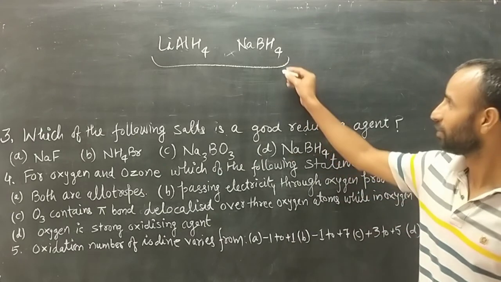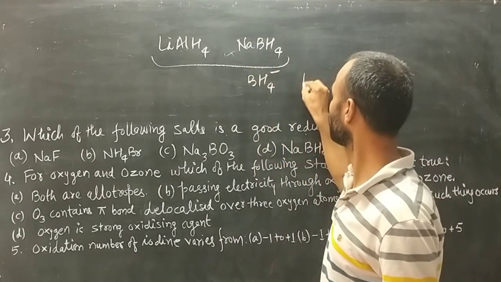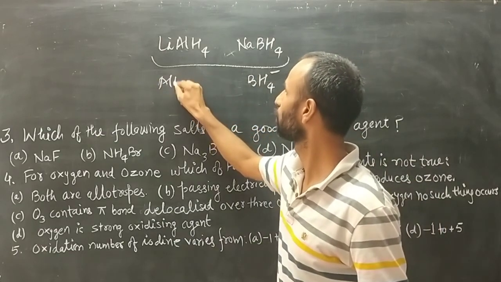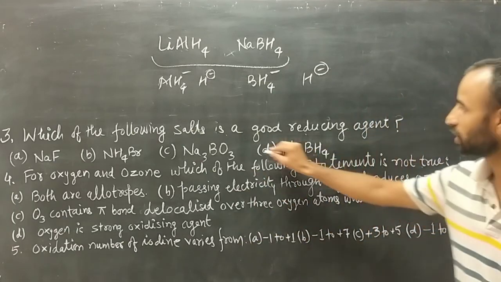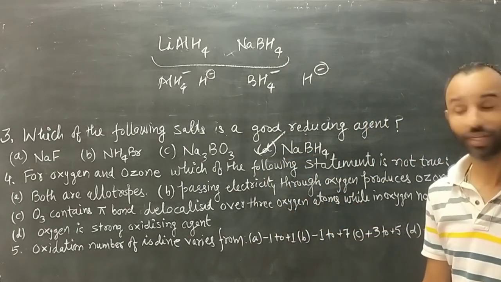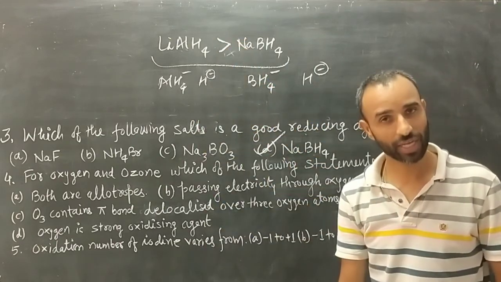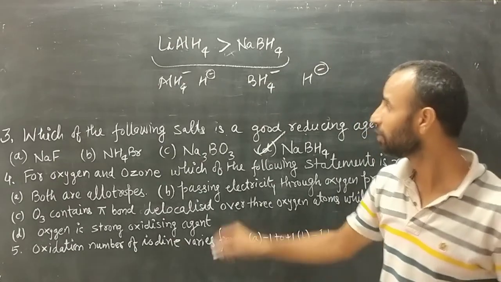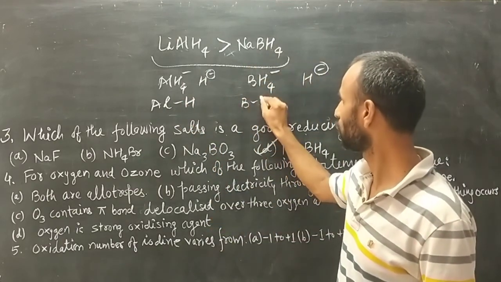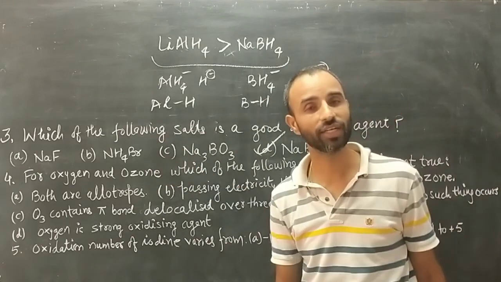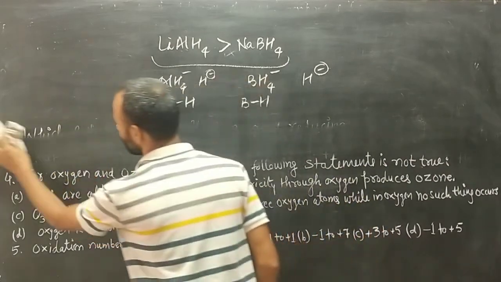Okay, because of the BH4 negative, which can give H negative, here AlH4 negative, which can give H negative. So obviously good reducing agent is sodium borohydride. If lithium aluminum hydride is there, then lithium aluminum hydride is better than sodium borohydride. Why? Because it is easier to break Al-H bond than B-H bond, because aluminum is larger in size. Okay, so this question is very easy.